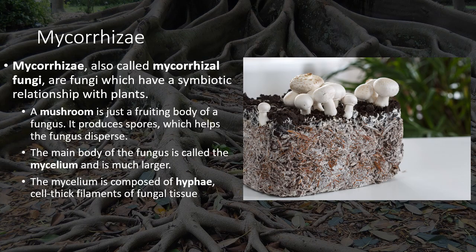This image here is of button mushrooms, the popular type of mushroom that you can buy at the store, and they are grown in compost. So they're grown in a mixture usually of wood or leaf material, and also maybe some composted food waste, or maybe some manure, and they decompose that organic matter in order to live. That's how they make their living.